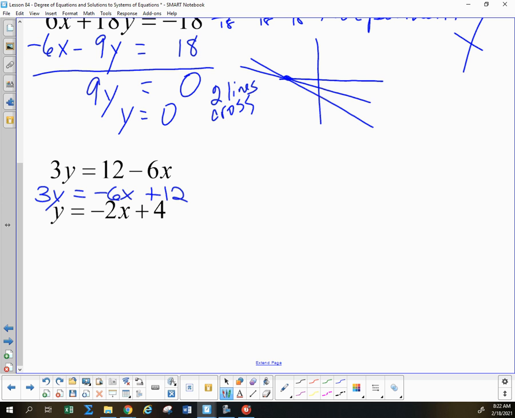Now, does anybody notice anything about the way that I've written them now? Take a look at those two. Everybody at home, are you looking at these two equations? Clayton, I need you on screen. Abby, you notice anything about those two, the way I've written them now?